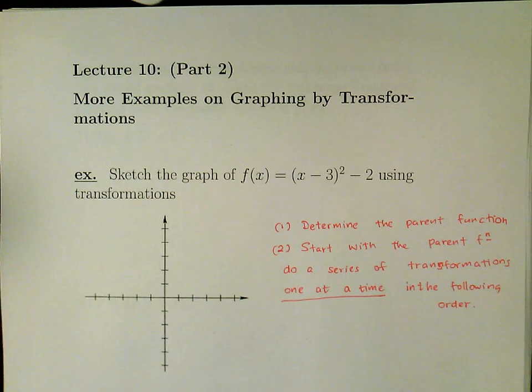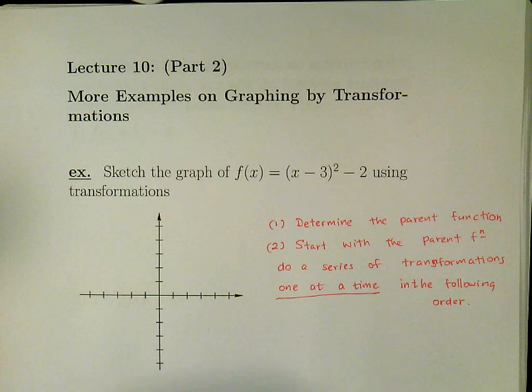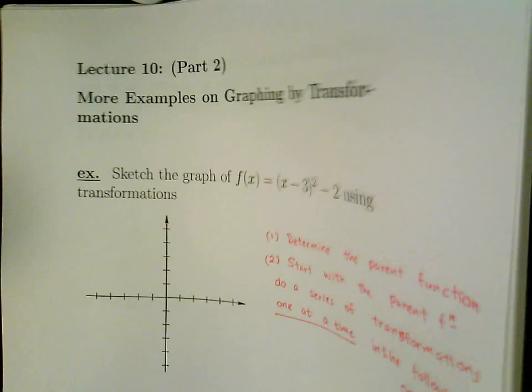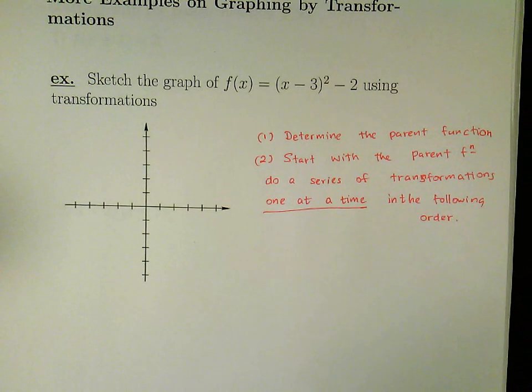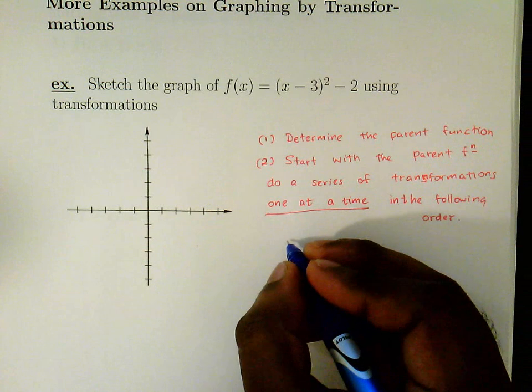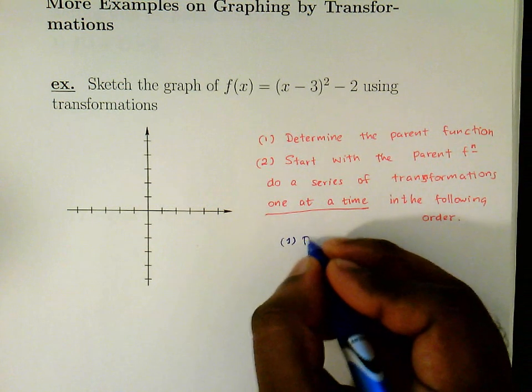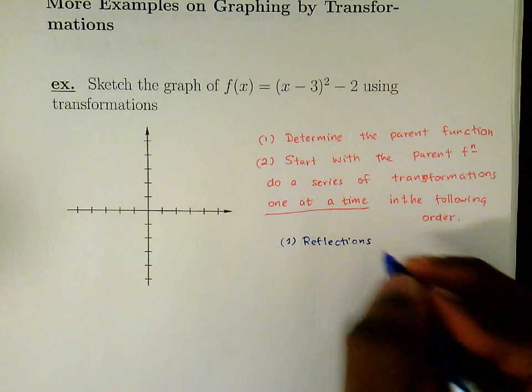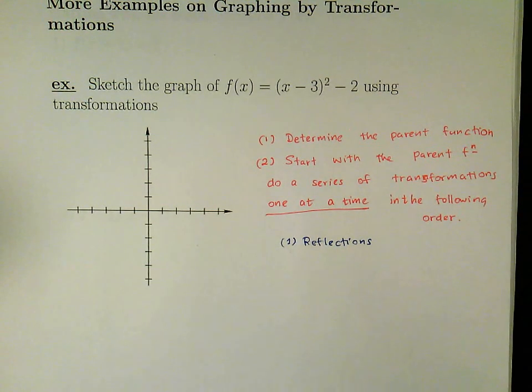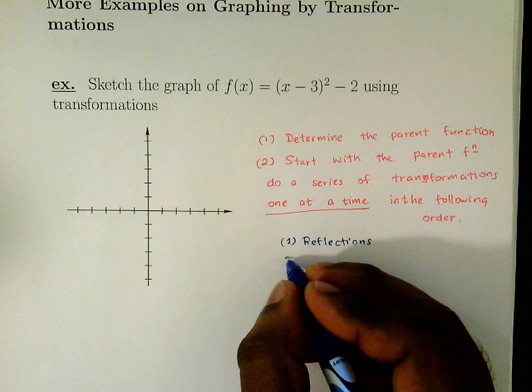Now right now we have learned a set of transformations. So the order that I would want you to follow is, the first one is reflections. So reflections with respect to the x-axis or y-axis, any kind of reflection.